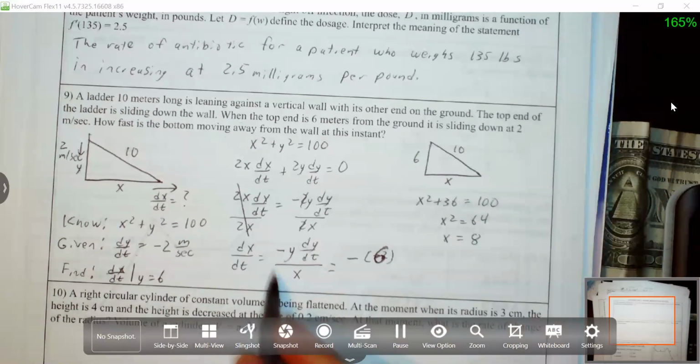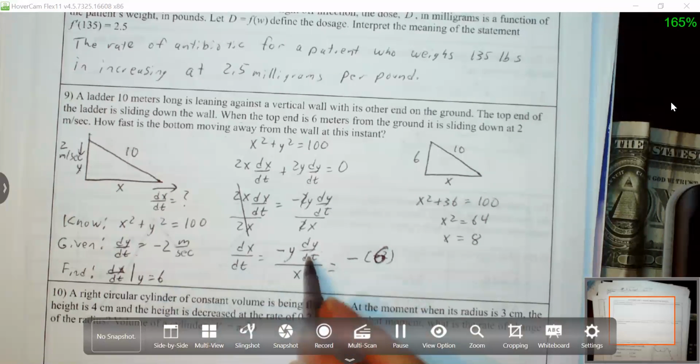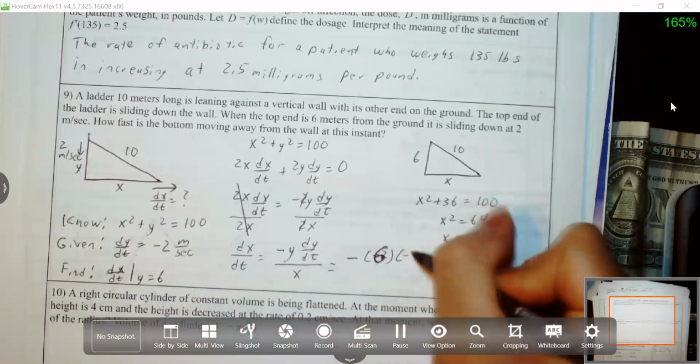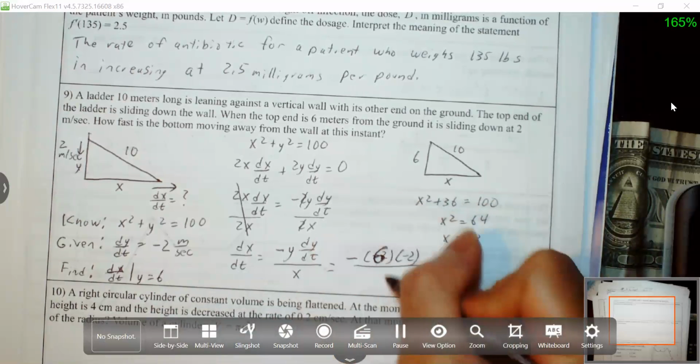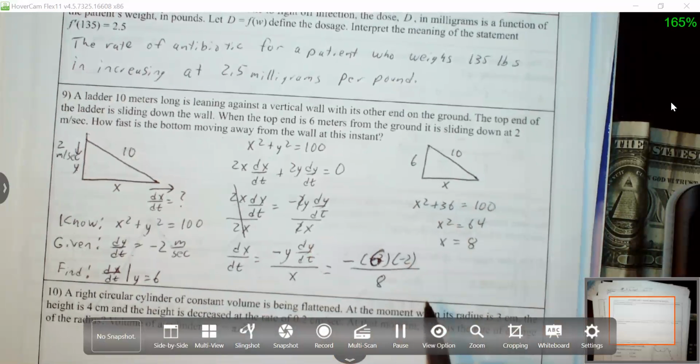I'm going to input it in exactly like how it is. Negative y is 6, dy/dt is negative 2, and then x is 8. So this is going to be negative 12 on the top, and it's going to become a positive 12.